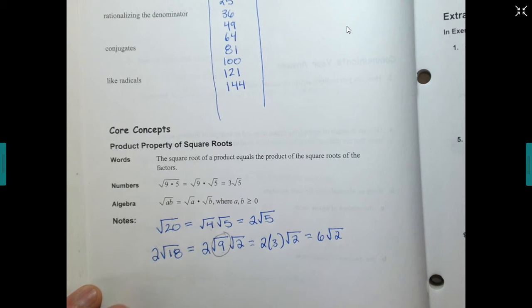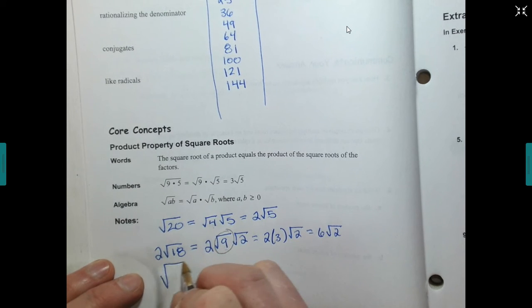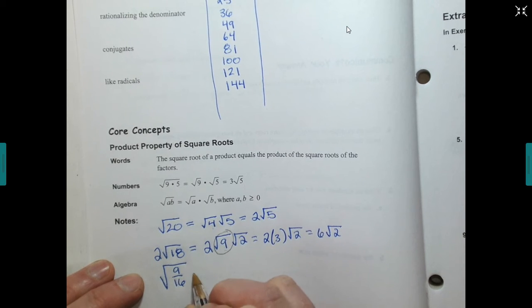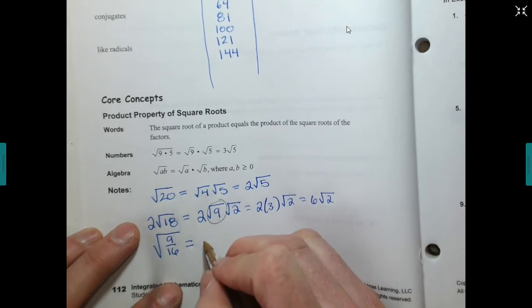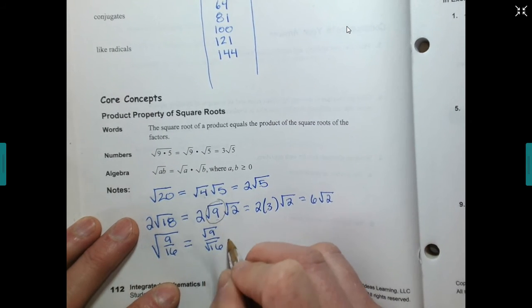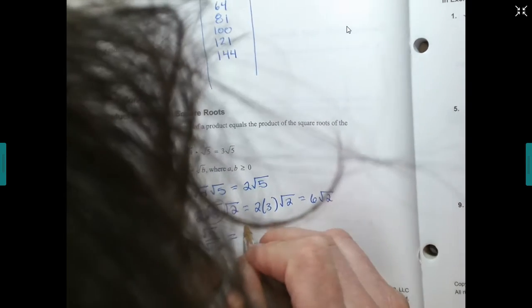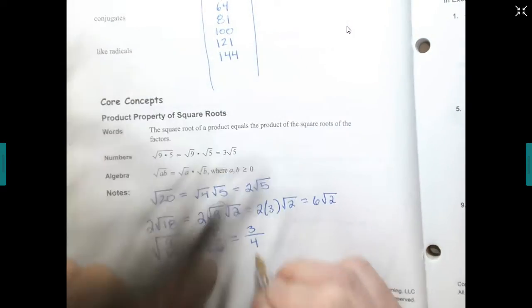Okay? What if I have, let's say, the square root of 9 over 16? What I'm going to do with this is divide it into 2, so it's the square root of 9 over the square root of 16. I'm fortunate here because 9 is a perfect square, the square root of 9 is 3, and 16 is a perfect square, the square root of 16 is 4.